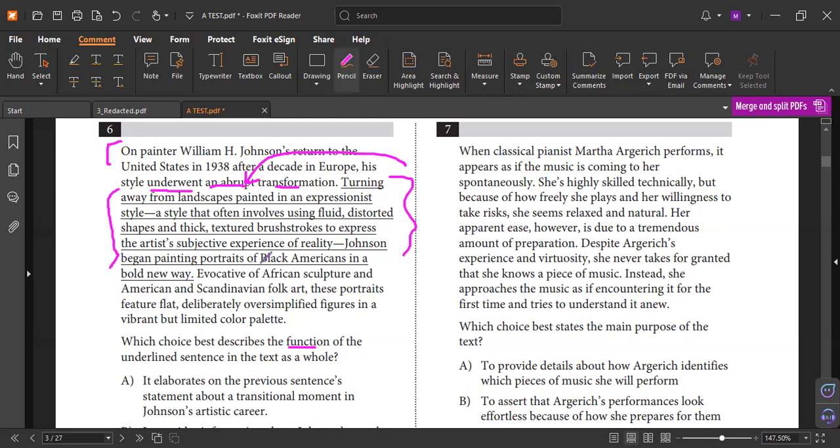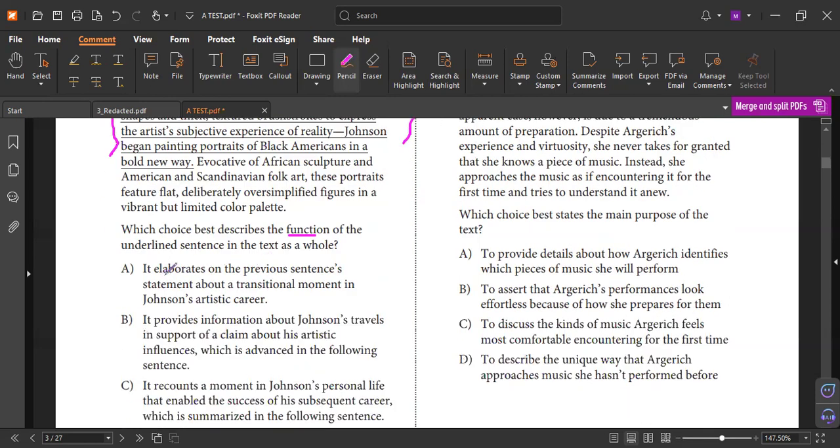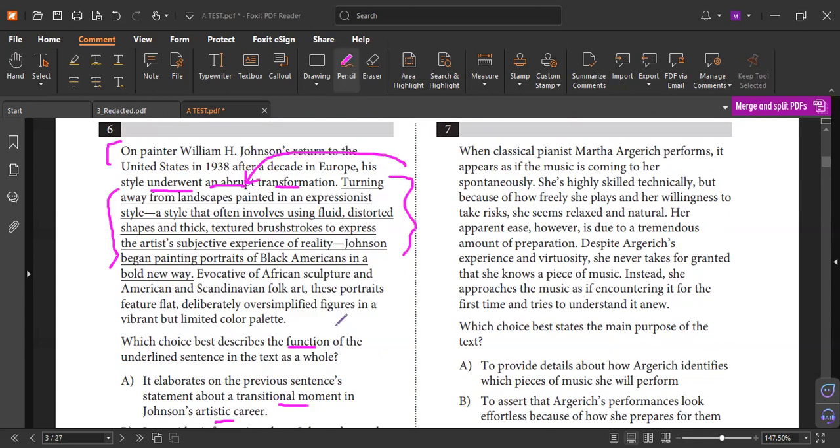So after reading very quickly, I'm going to check. If the underlined elaborates on the previous sentence's statement about a transitional moment in his artistic career, this could be yes or no. It could be, because it explains how this transformation happened.